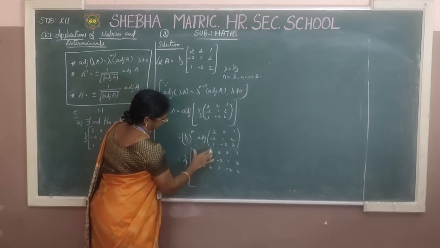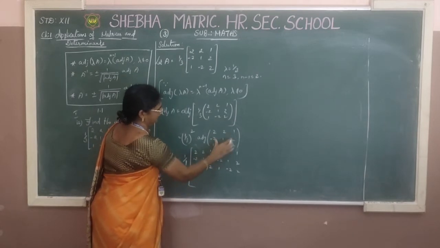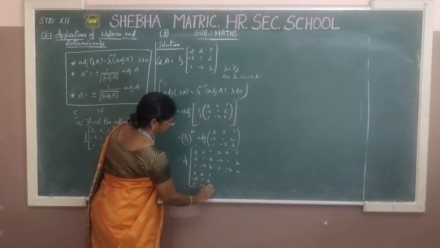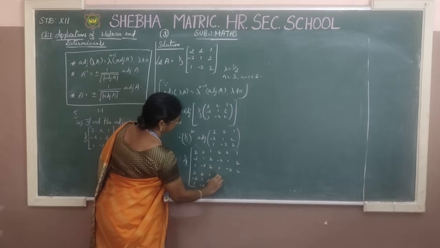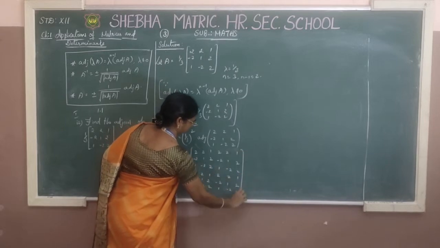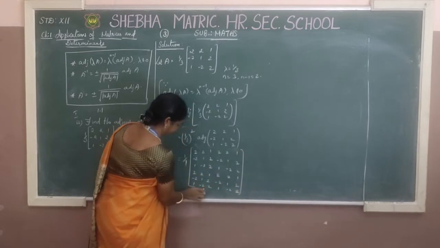Repeat the same matrix again, and again, and again, writing all the elements as it is. So first you have to write like this.